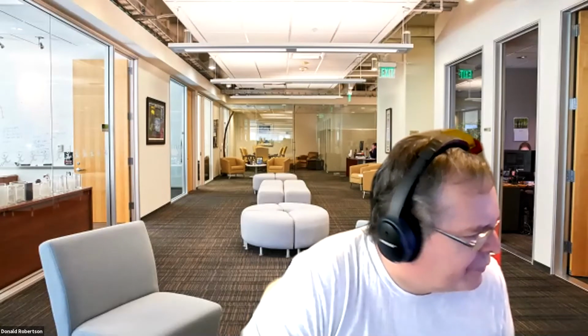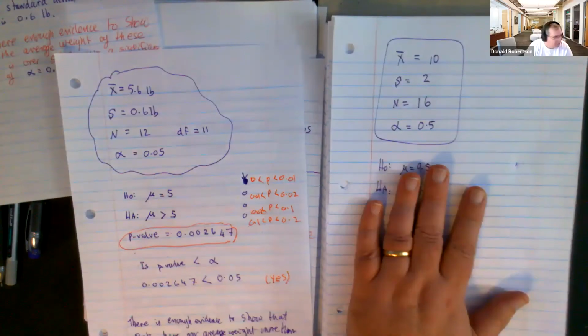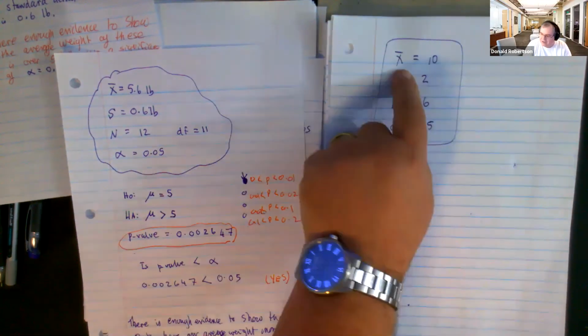It's just the way they phrased it that is freaking me out. I think it's the way they put the numbers in the tables. So let me show you what they're asking, and I wish they'd asked it in a better way. Oh, there's all the information.